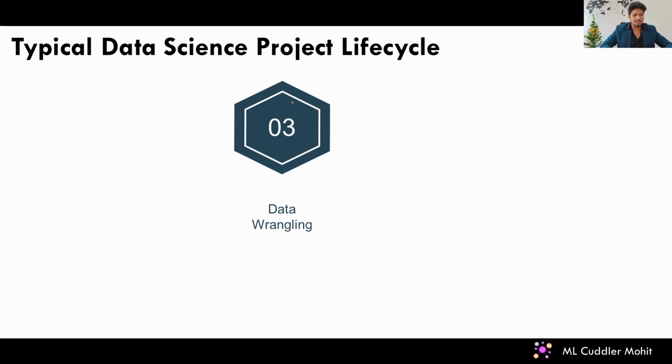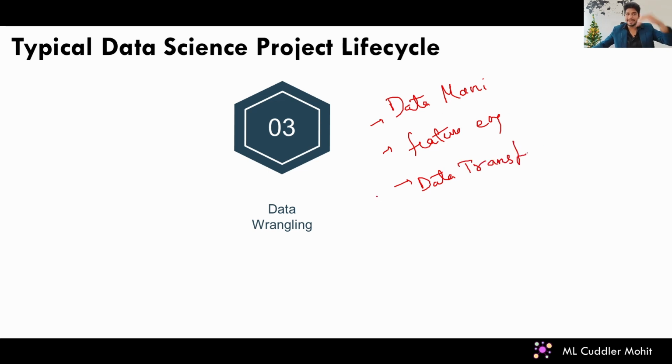This is a common word which we use for multiple tasks like data manipulation. It involves feature engineering, it involves data transformation. All these steps are involved in data wrangling, guys.